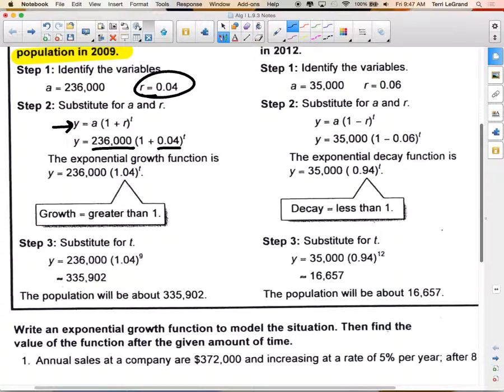We substitute our R value in. Those are the only two substitutions made. And we say this, would you circle this? This is the model for this city's population increasing at a rate of 4% each year, starting in the year 2000 with 236,000 people in it. It's not Valley City, is it? Nope. Okay. That's the first answer.